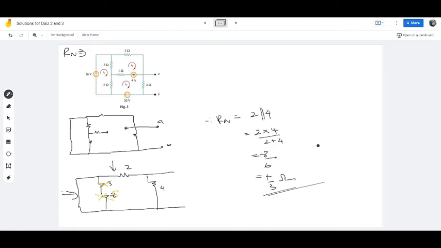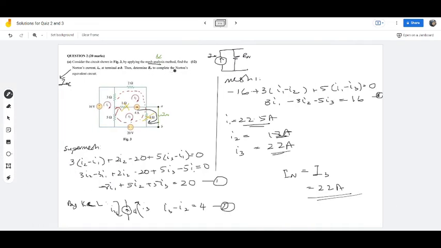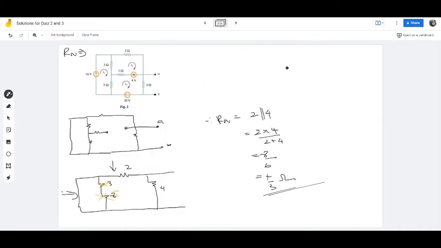And to complete the question, the question says you have to write the Norton equivalent, right? Then you just have to sketch the last bit of your circuit, putting there a 22 ampere current source with a 4 over 3 ohm resistor. You are done. Just like that, you are done with question 2A.